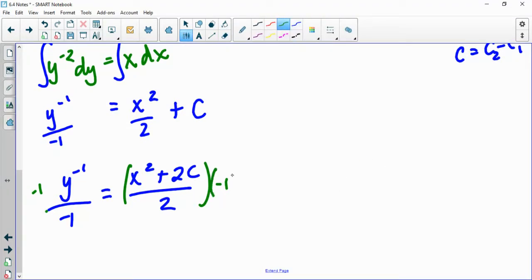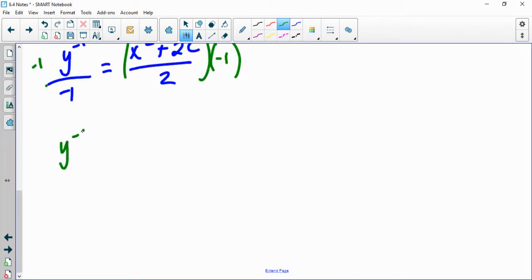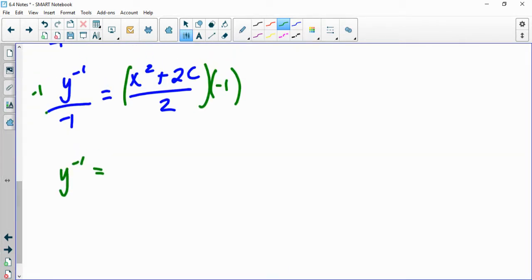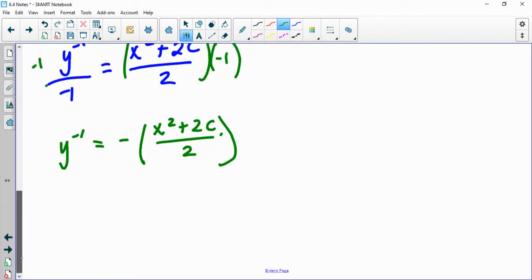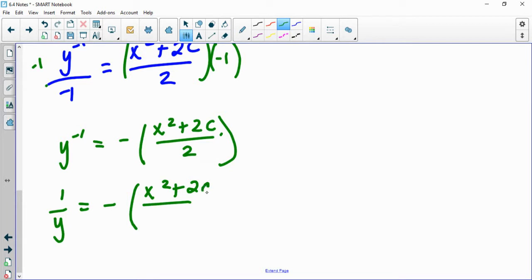That's multiplied by negative 1, not subtracting. So now I got y to the minus 1 equals, I'm just going to put a negative out in front, x squared plus 2c over 2. And now I'm going to rewrite this as 1 over y. So I got 1 over y equals negative x squared plus 2c over 2.